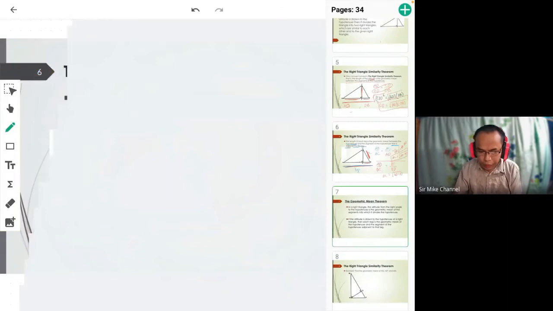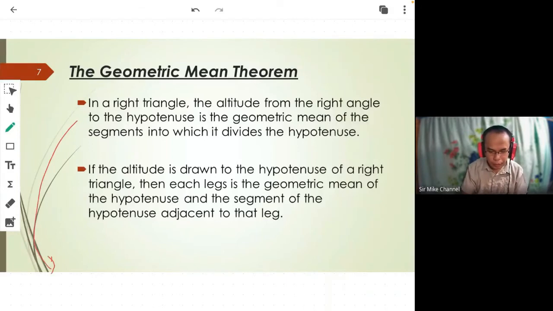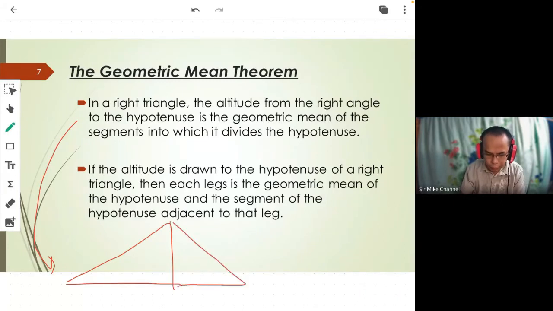So, ito yung dalawa. So, in the right triangle, the altitude of the right angle of the hypotenuse, geometric mean. Let's say ito yung number, ulitin natin. Meron tayong triangle. So, assume na ito ay right triangle.